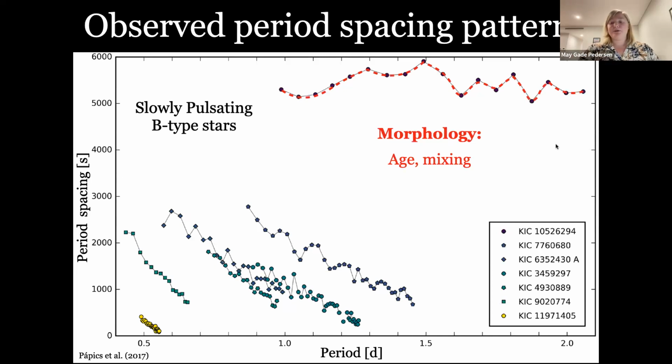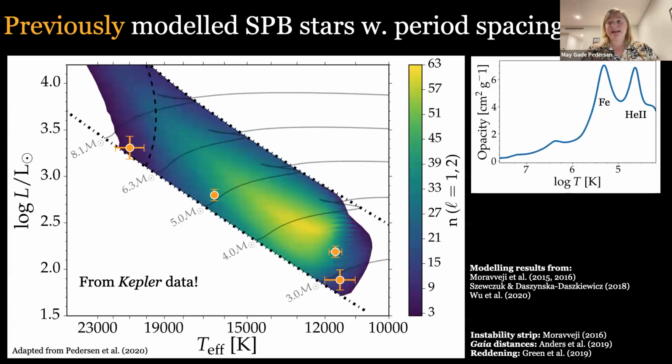Now, prior to this research and studies I carried out on this type of asteroseismic modeling of SPB stars observed by Kepler, there were only few prior cases where such modeling had been done. And so that's what I'm trying to illustrate here, where you see on the left is another HR diagram, where the shaded region now corresponds to the instability strip of the SPB stars, so where we expect to find these types of pulsators.